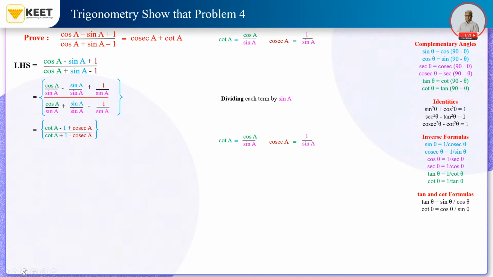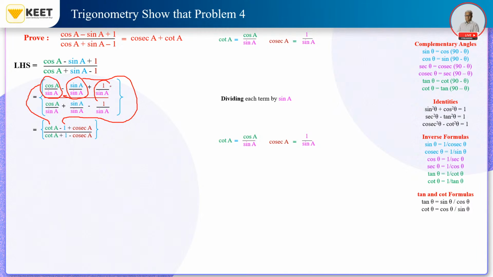I'll show you with the marker. Focus on this. This is your term, and now this becomes your cot A. Then this sin A divided by sin A is becoming this 1, with the minus sign.